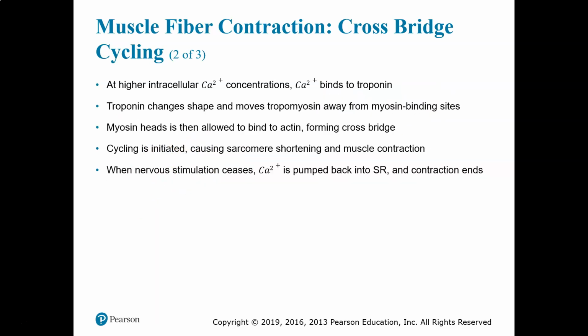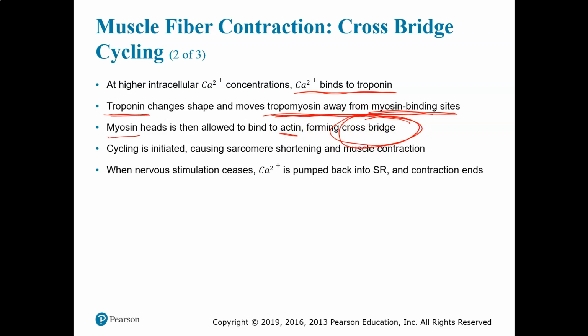And then the calcium binds to the troponin. Troponin causes the tropomyosin to move away from the binding sites on actin. The myosin heads then attach to the actin, forming a cross bridge. So this is cross bridge formation.